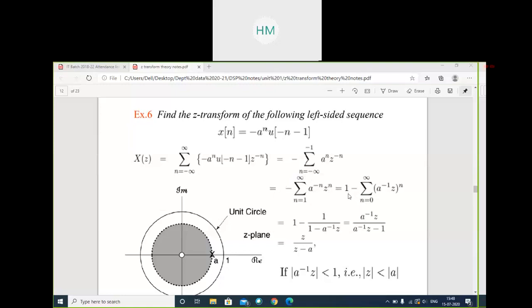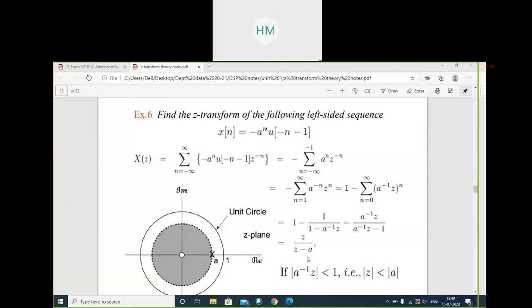You can use other ways also. You can directly write if you remember the progressions. So 1 minus, inverted, n is equal to 0 to infinity, a inverse z whole to the power n. So 1 minus, we all know, this power series is 1 upon 1 minus a inverse z. So what I will get here, a inverse z upon a inverse z minus 1.